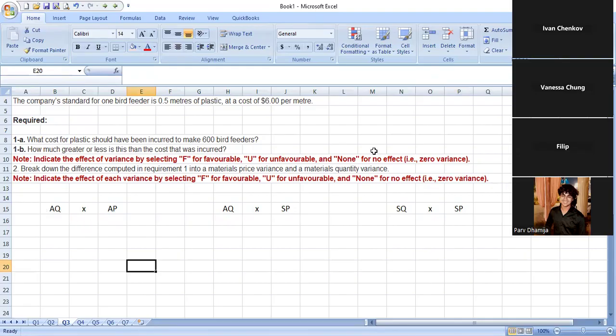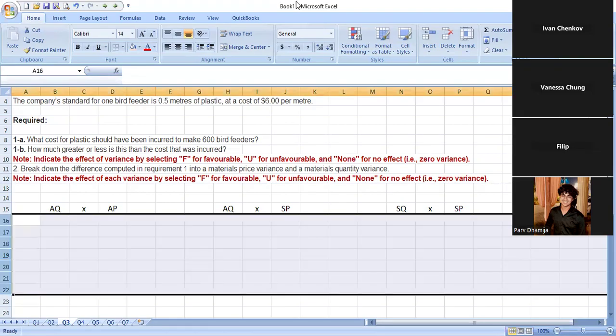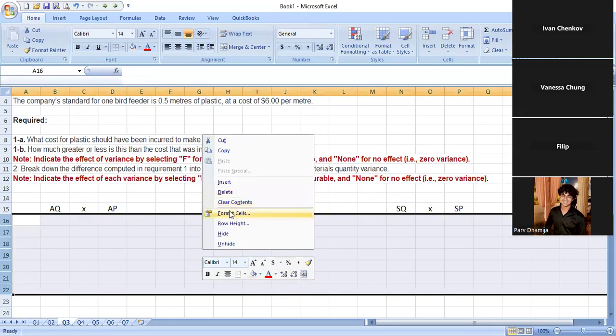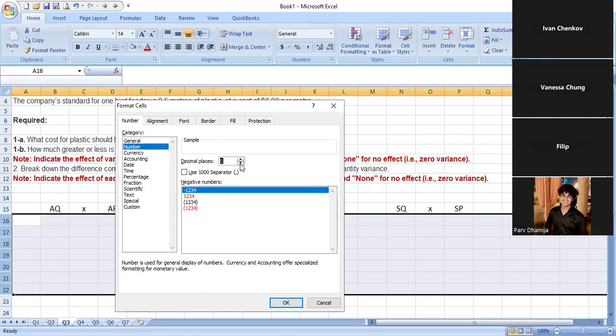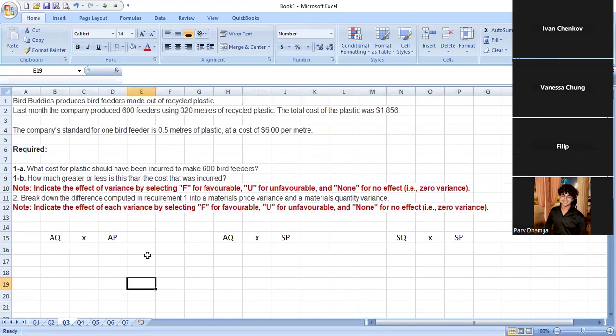Now, let's go one after another and start shopping for the information here. What do we need and what we don't need? First, do I know my actual quantity? Yes. My production has nothing to do with the variance we're doing here.